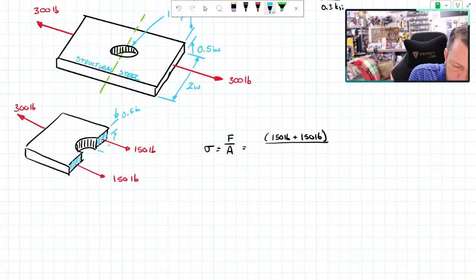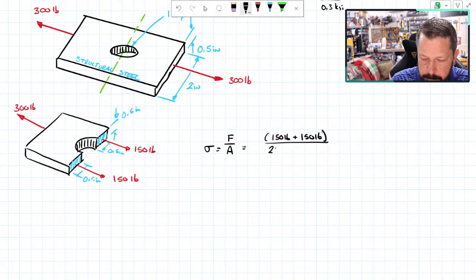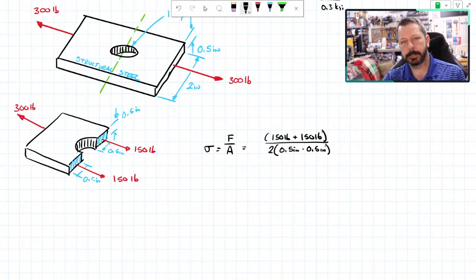So this little part ends up 1/2 inch, and this little part ends up 1/2 inch. So they're exactly the same. I have 2 areas that are each 1/2 inch thick by 1/2 inch wide. So this is my new equation.